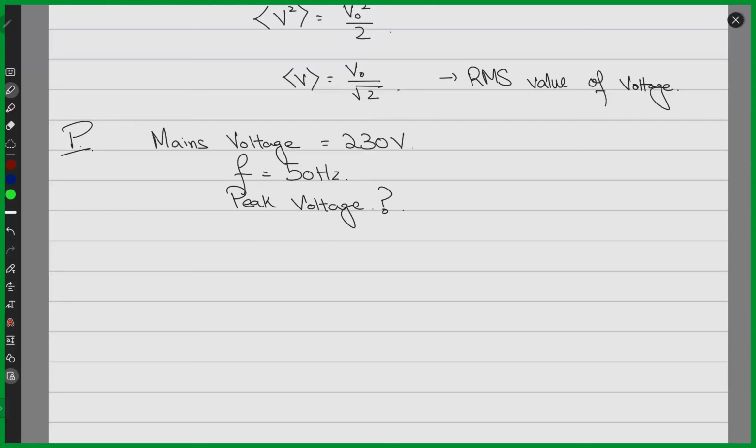Before that, can you tell me what it means that the mains voltage is rated at 230 volts and 50 hertz, in terms of the RMS value?